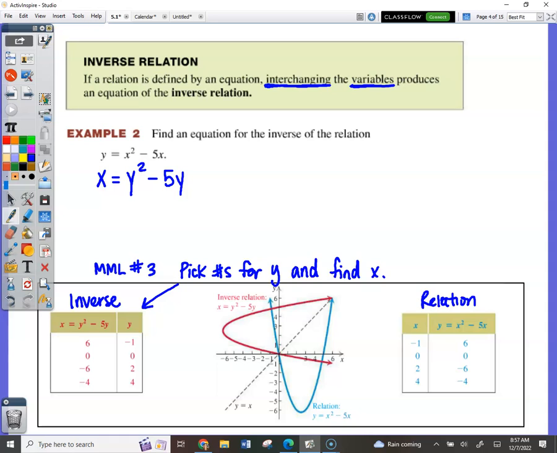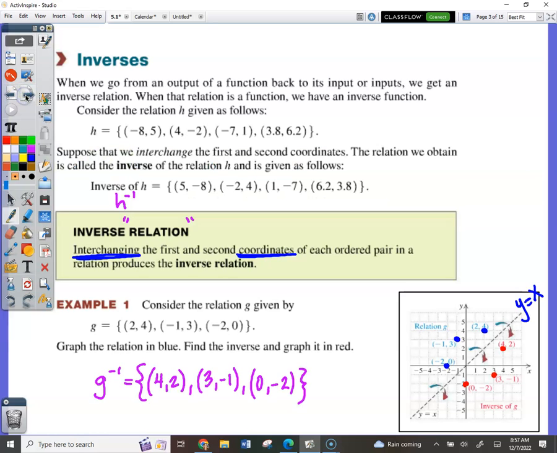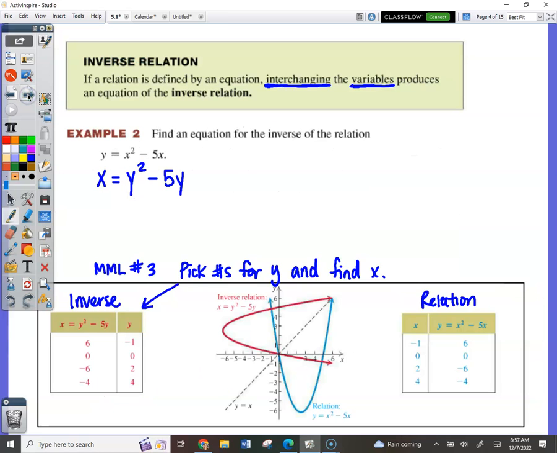Now, I say that, or you could go back to your understanding right here, and if you have some ordered pairs from the original, right, you could just switch them. So you could have 2 possible methods.